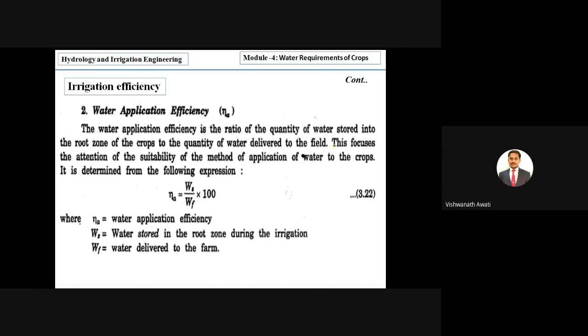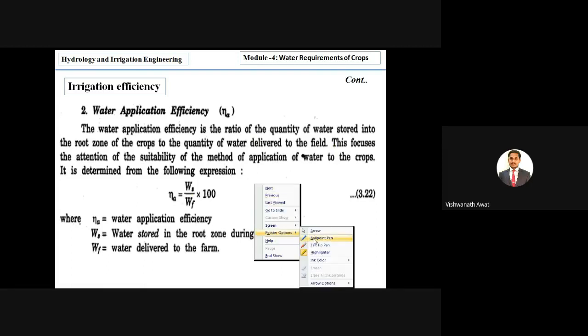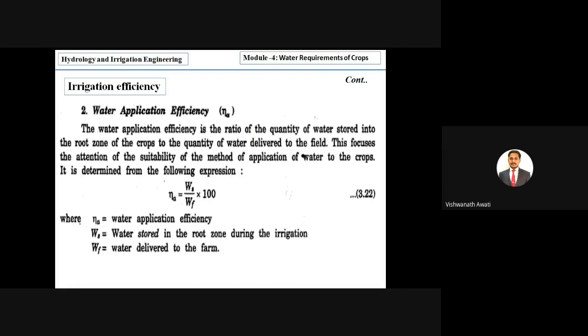This focuses attention on the suitability of the method of application of water to the crops, and it is determined from the following expression. That is eta A. It is indicated with eta A, and eta A equals Ws by Wf into 100.